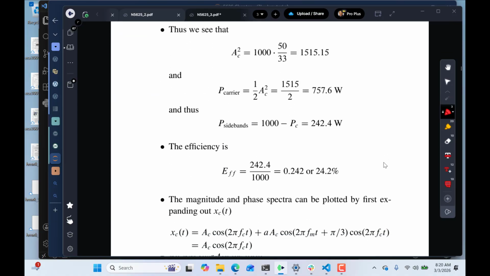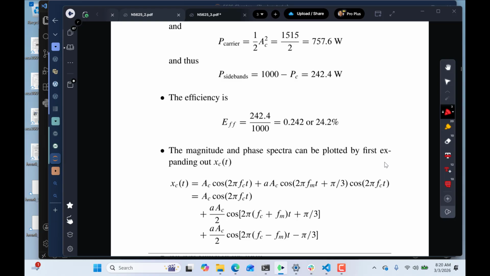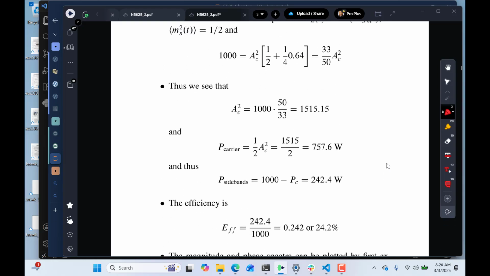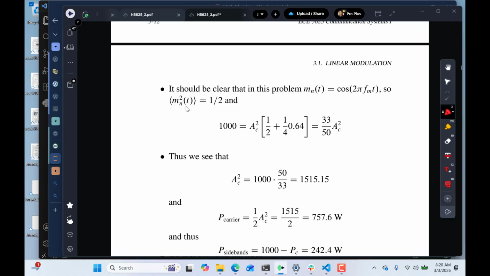A calculation of power. And here is a case where, just to review again, the normalized message was 1/2 because it's a cosine, so the cosine swings by plus and minus 1, but the power in that is going to be then 1/2 when we normalize it, and it is already normalized, so it's just a squared over 2, or 1/2.